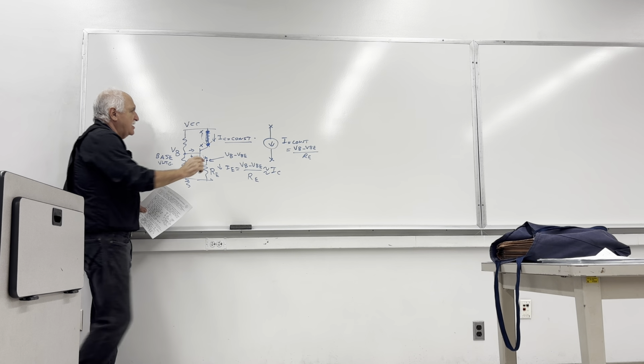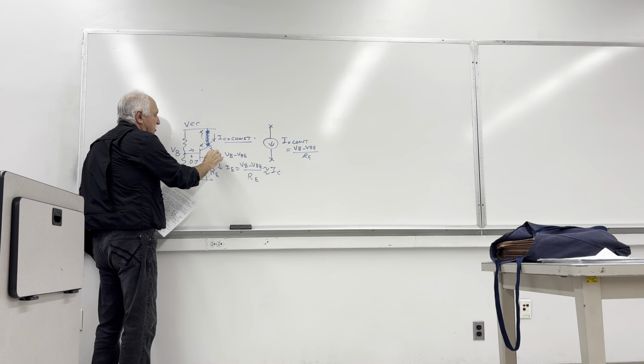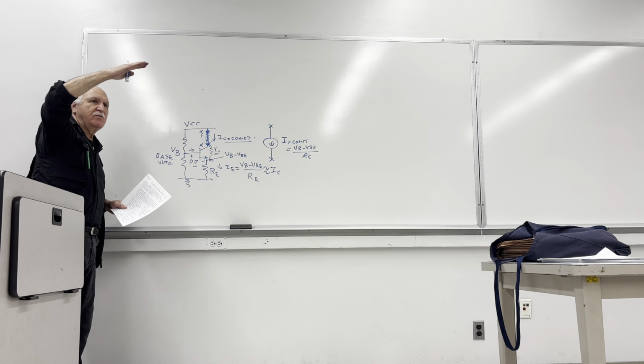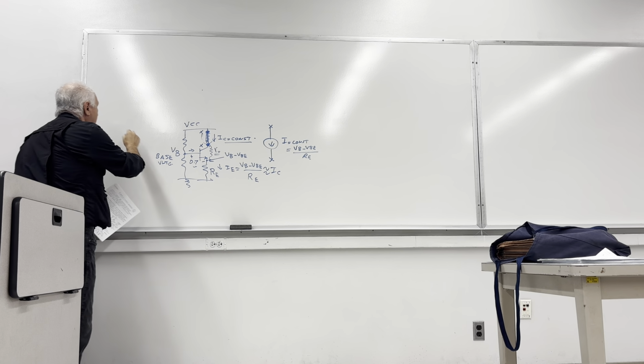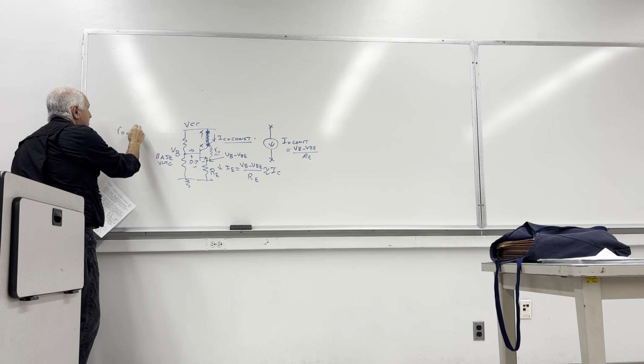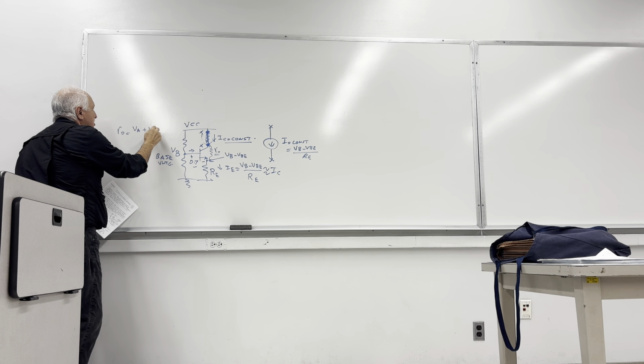There is a dynamic resistance between collector and emitter, RO, which is coming from the VA. So here RO is (VA plus VCE quiescent) divided by IC.